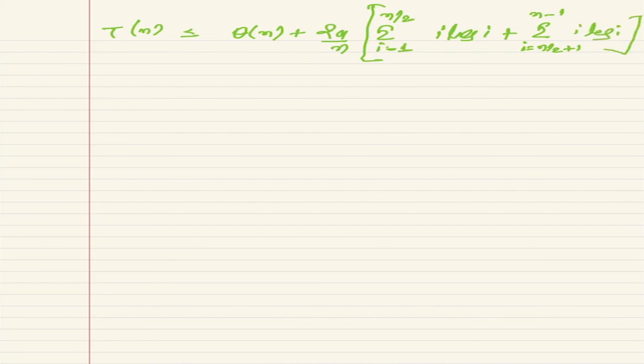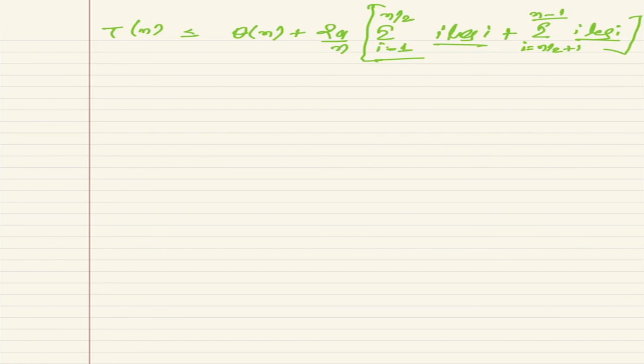I have done nothing; I have just divided i equal to 1 to n minus 1 into 2 sequences. But now I will put the less than or equal to condition differently on both. Can you think of what this whole sequence will be less than or equal to, and similarly what this other whole sequence will be less than or equal to? I will try to write something simple.